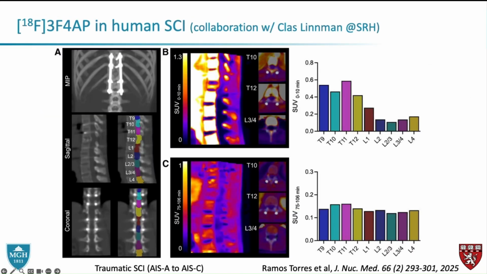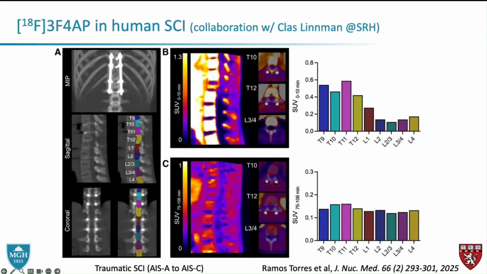I think I'm coming to the end now. Here is the data in a person with a severe spinal cord injury. This person has a metal plate supporting the spine, and there was a crushed vertebra here. This person was initially diagnosed as a complete injury and later recovered some function, but was still wheelchair bound.